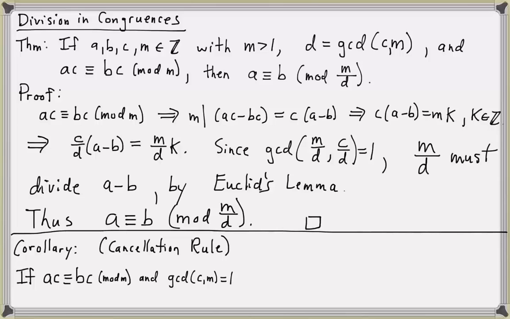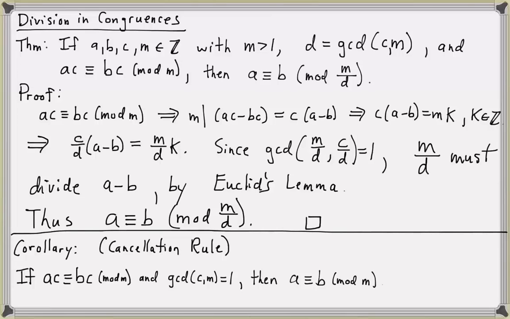In other words, we can divide both sides by c without changing the modulus. Then a is congruent to b mod m.